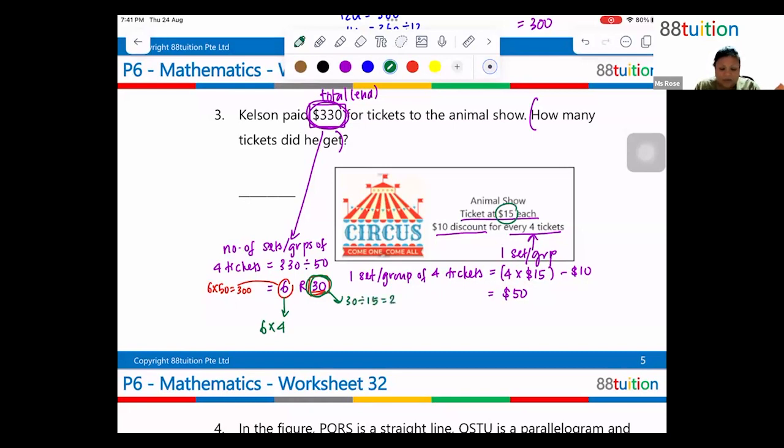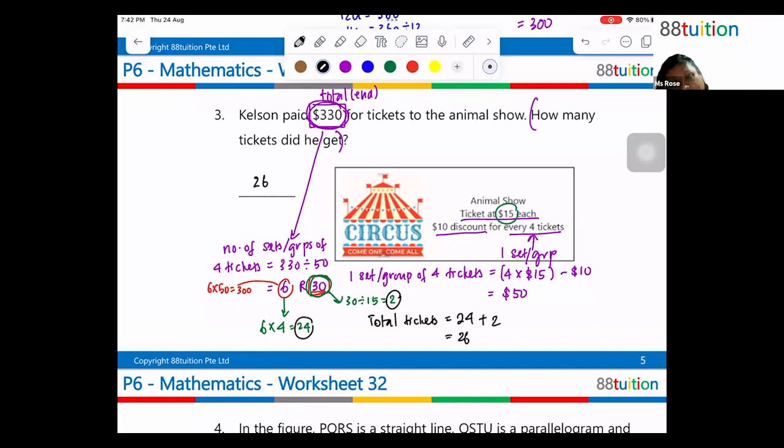So total tickets would be 24 plus the 2 from the $30. Yes, Niall, that's right, to give me 26 tickets. Okay, so this is your 26 tickets.